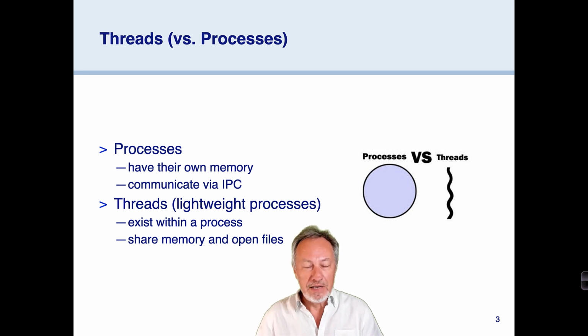When we distinguish them, however, in the context of operating systems and programming language implementations, we usually mean that a process has its own address space, its own memory, and it's a more heavyweight entity. So it's something that's big. Whereas a thread is something that tends to be very lightweight, a lightweight process. So it doesn't have its own address space, it doesn't have its own control of the CPU. It's something that's lightweight that may exist within an operating system process.